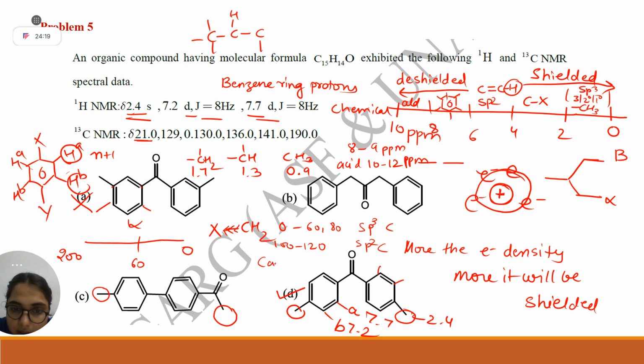Your carbonyl starts coming at, depends actually, for ester it comes around 174, meaning 170 to 180. For aldehyde, for ketone. Aldehyde, anyone know the carbon range?